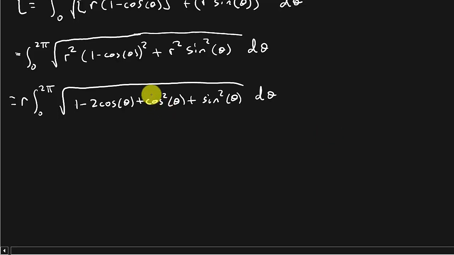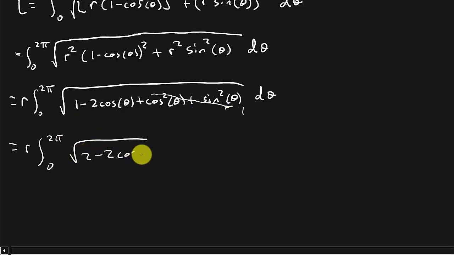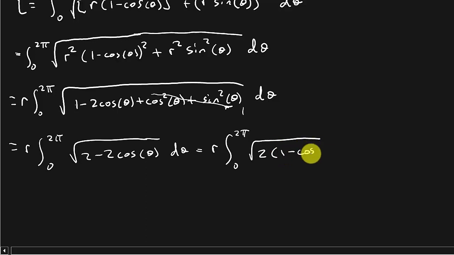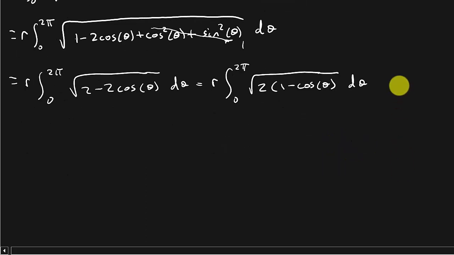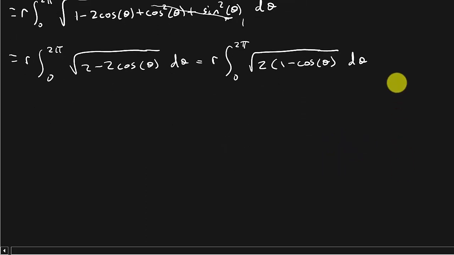Remember that right there is 1, and so that's going to be r, integral from 0 to 2 pi, square root of 1 plus 1 is 2 minus 2 cosine theta d theta, which is r, integral from 0 to 2 pi, the square root of 2 times 1 minus cosine theta d theta. Okay. Now, how in the world do I integrate that thing?